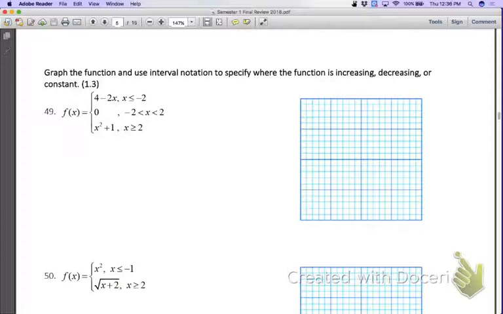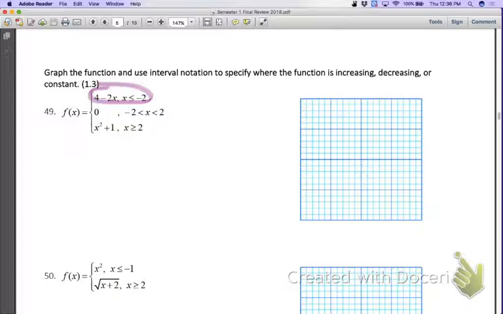So the biggest thing here is whenever we graph it, graphing is going to tell you the majority of the story. So I want to look at everything individually and go from there. I would look at the first part. Your first part of your piecewise function is 4 minus 2x when x is less than or equal to negative 2.